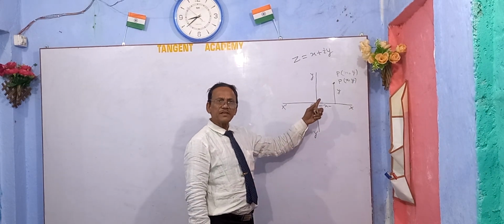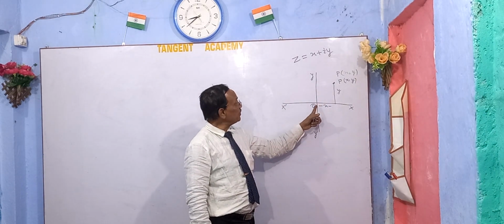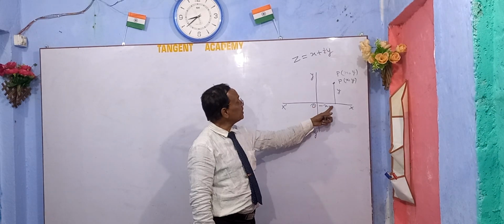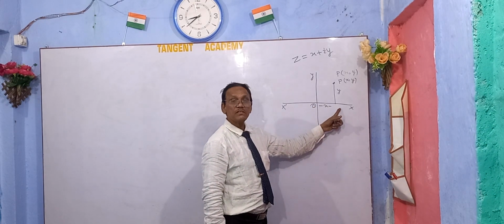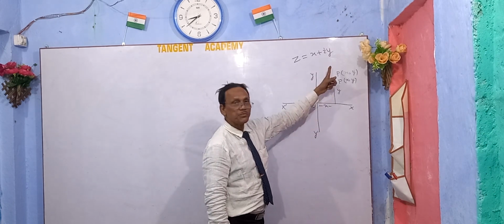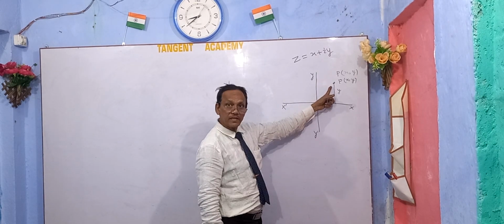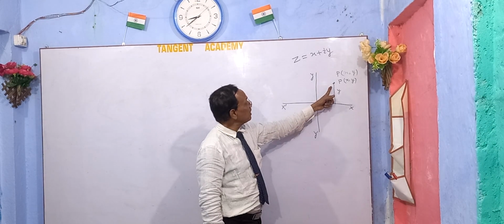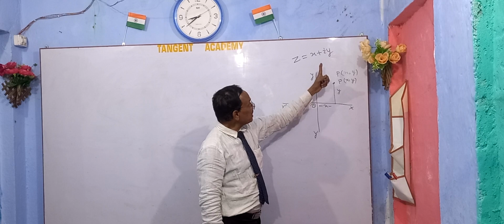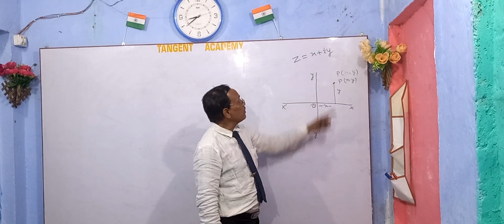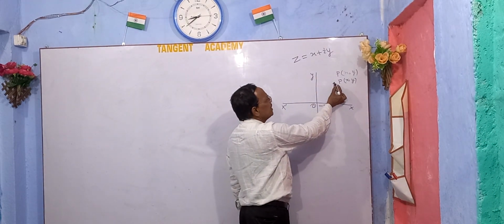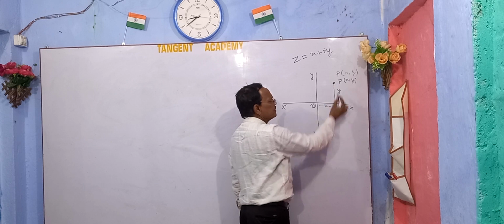As the point is located in the first quadrant, we move at right angle, x units along the x-axis and y units upward, and we reach the point P.